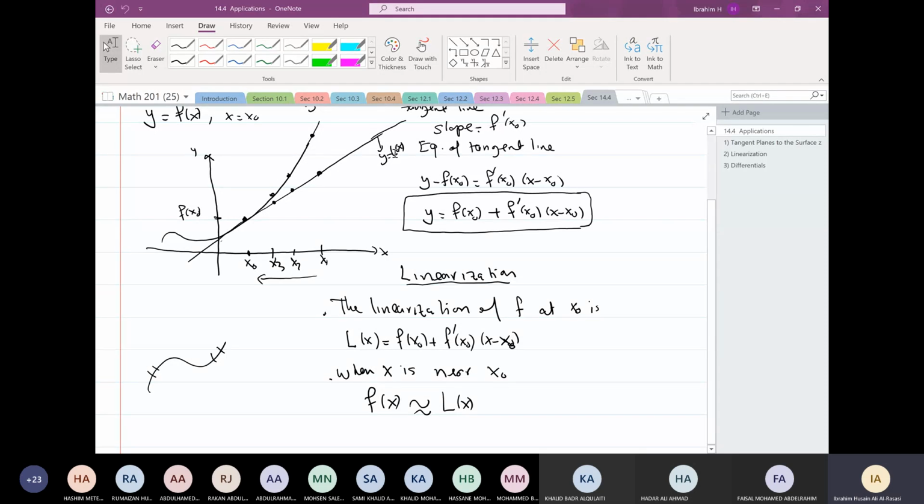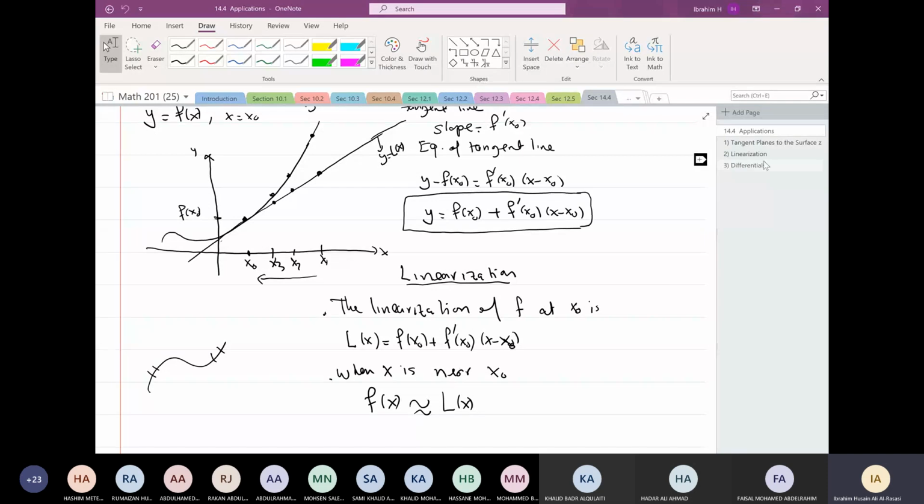A new name, but it is called linearization. And the main application of the linearization is that you can approximate the value of the function by the value on the tangent line L near x0. When you are near x0, you can approximate the function by the linearization, which is the equation of the tangent line.